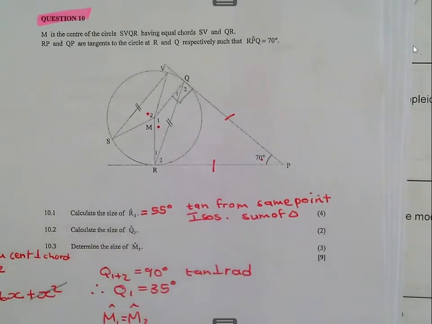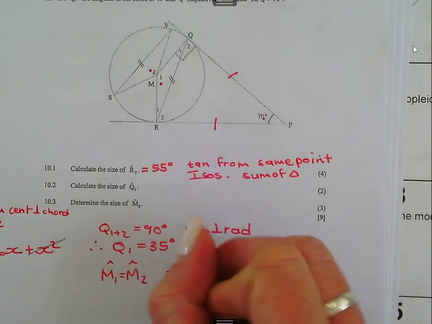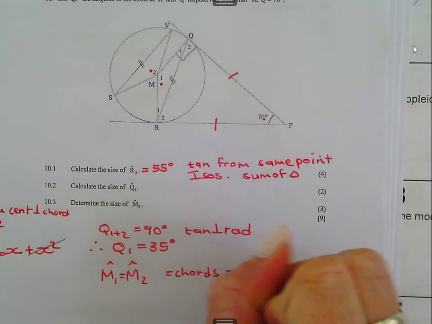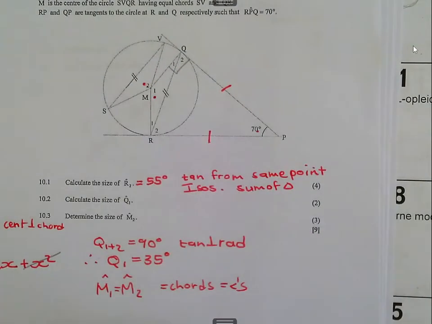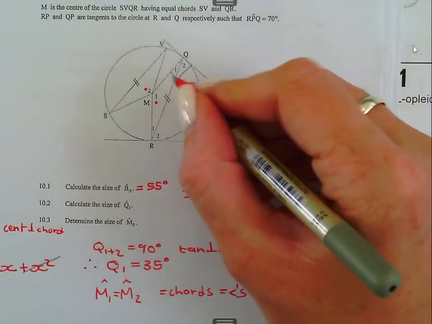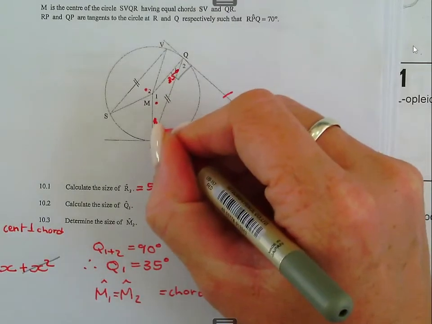Doesn't matter at which stage you do this. M1 and M2 are equal to each other because it's equal chords, equal angles. Now you can't say angles in the same circle segment, né? Now it's literally equal chords obtain equal angles. Now if I know that angle is 35, then I know this one is also 35.